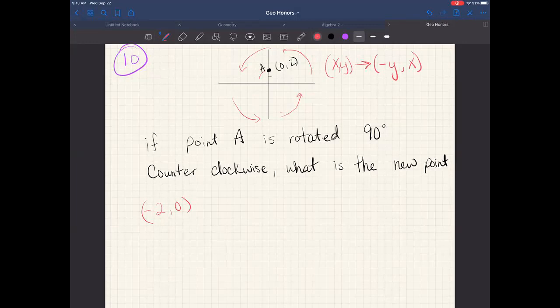So if my point was 0, 2, it would now become 2, 0, and my 2 is now negative. So you can see that visually, especially when you have the graphs in front of you. But if you didn't, that's the way you'd want to try and remember. You want to remember these kinds of rules that help you out, okay?